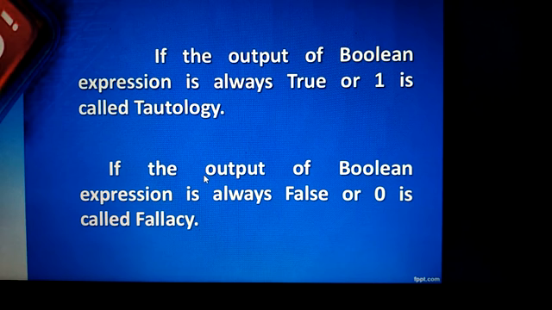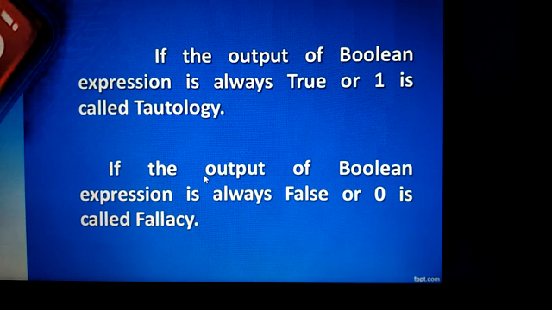If the output of a Boolean expression is always true, or 1, or yes, this is called tautology. As I explained in the previous class also, if the output of that expression is 1, it is called tautology.